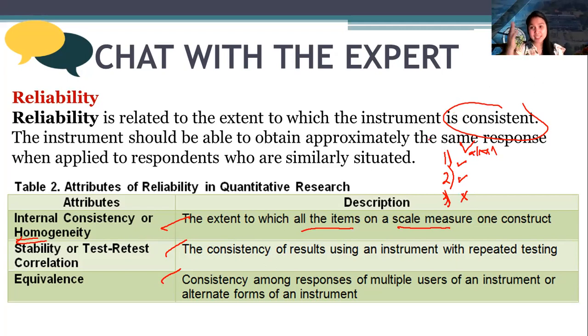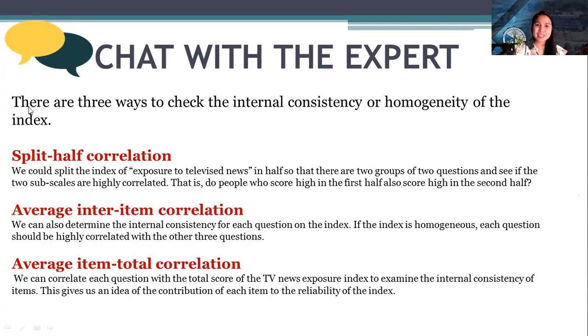Is it a question towards attitude in math? In reliability, we check, is item 1 related to the second question? Is item number 2 related to the third item? If it is, then they measure the same construct. That's how you do it in internal consistency or homogeneity.